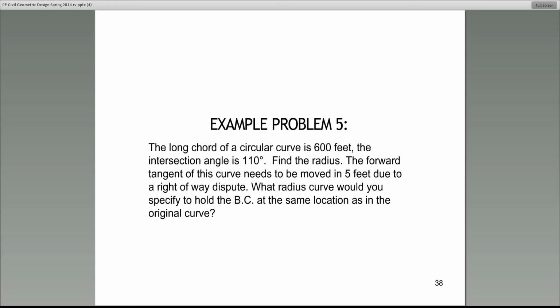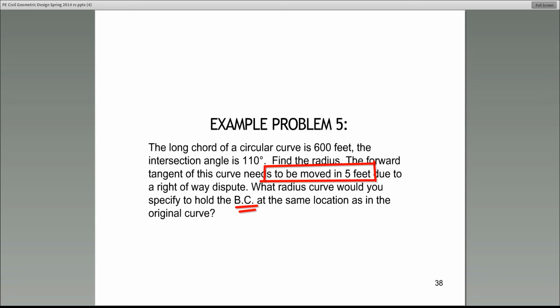Pay very close attention to that. It says the forward tangent needs to be moved in 5 feet due to a right-of-way dispute. What radius curve would you specify to hold the BC at the same location as in the original curve?